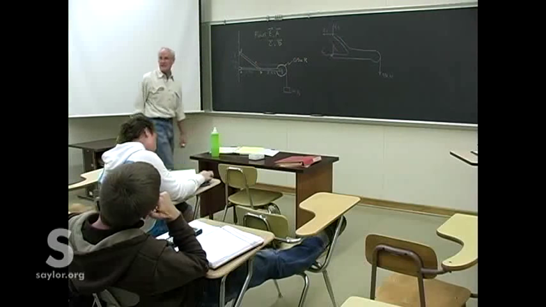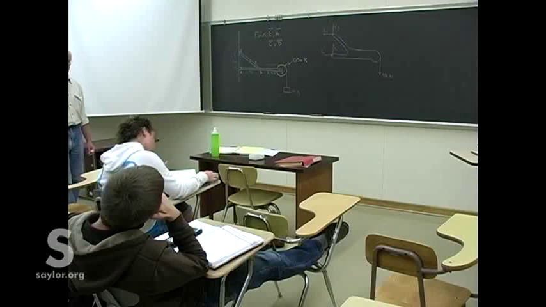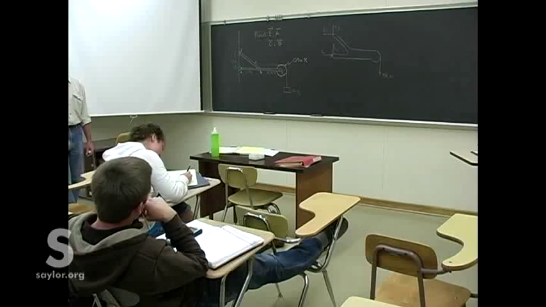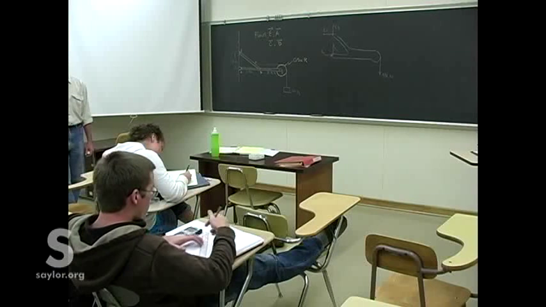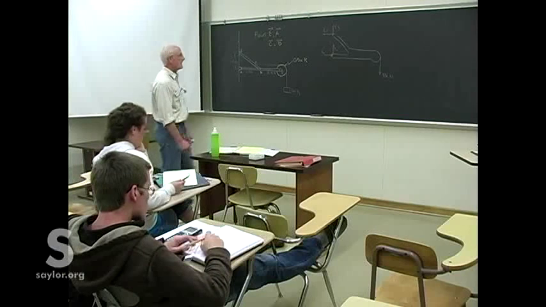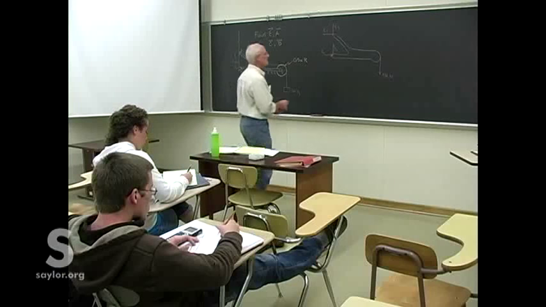But can we find the magnitude? Nice taking notes in chalk. Can we find the magnitude of any of those? We can't find all of them because there's 4 unknowns. We only have 3 equations. Can we find any of the magnitudes?